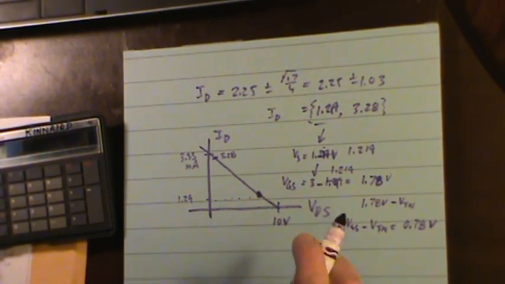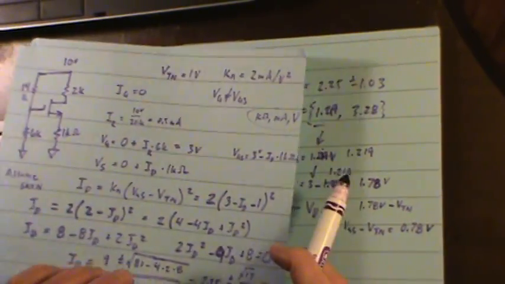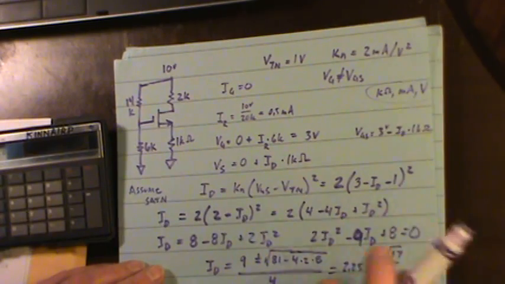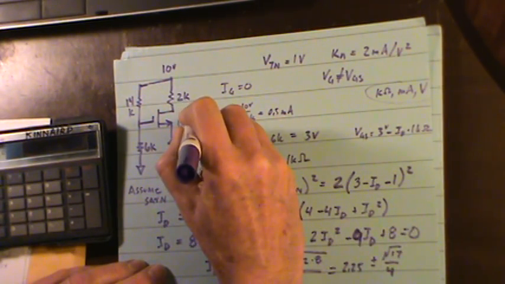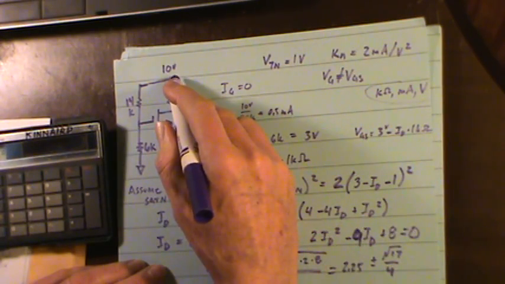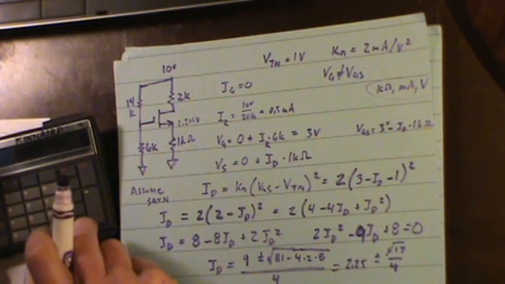And do I? Well, okay, I've got 1.219 milliamps going through there. So I know I've got, or I think I've got, 1.219 volts there. What do I have here? I have 10 volts minus twice 1.219.